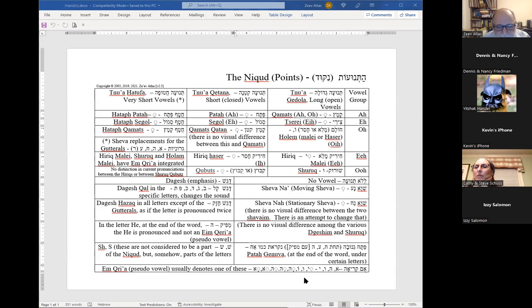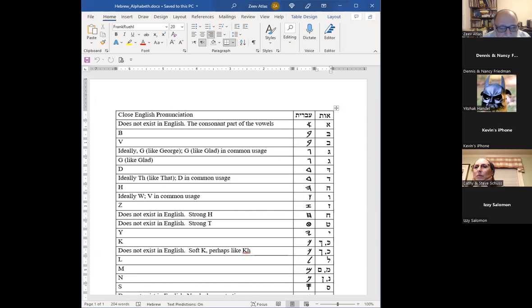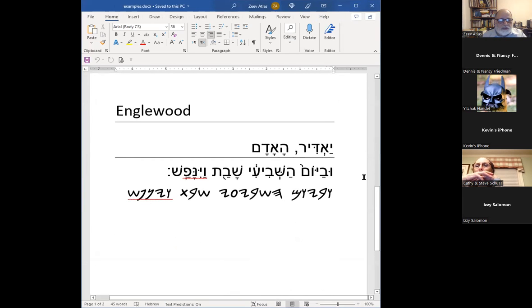If we go to this pasuk, uvayom, listen how to express the dagesh. Uvayom hashevi'i shovas vayinafash. You hear how I say the letter twice, basically. I'll demonstrate it again. Uvayom hashevi'i shovas vayinafash.